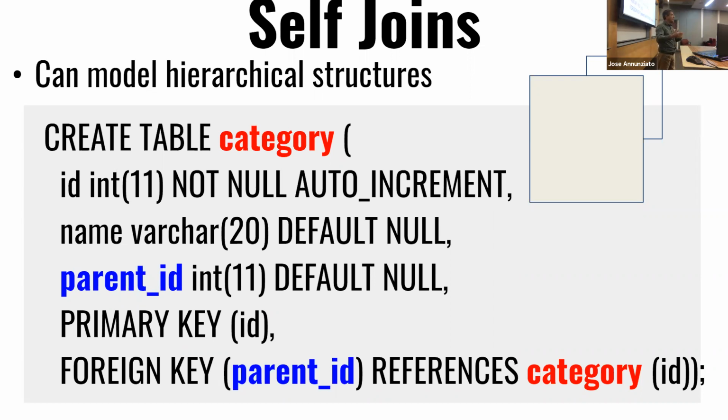To do that, you can have a primary key ID, and then a foreign key parent ID that points to who my parent is, right? We call this a self-referencing data structure, okay? That allows you to implement recursive or hierarchical data structures.